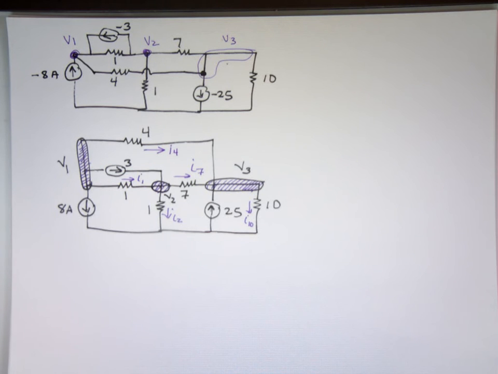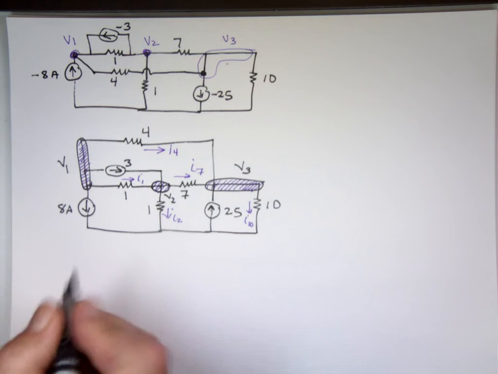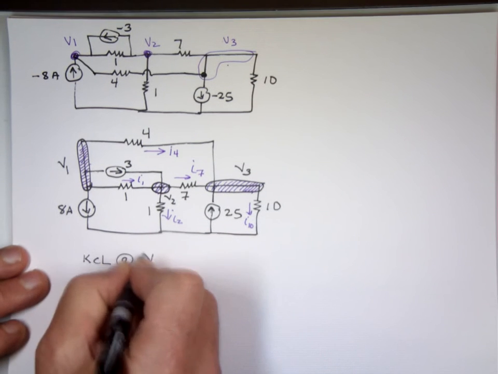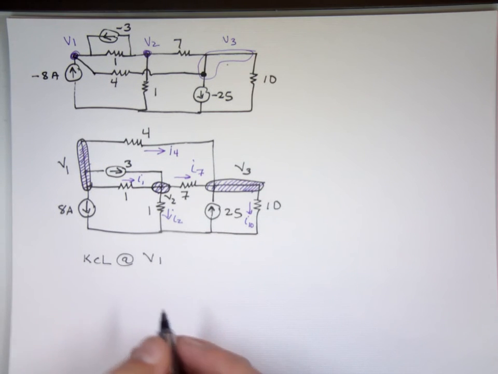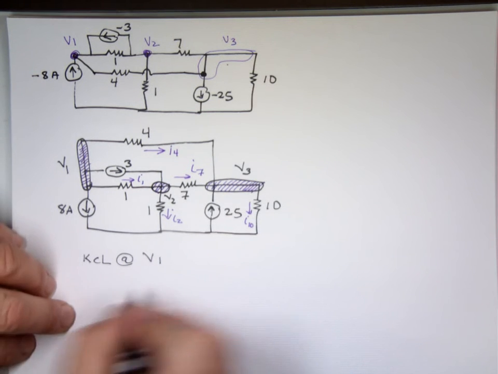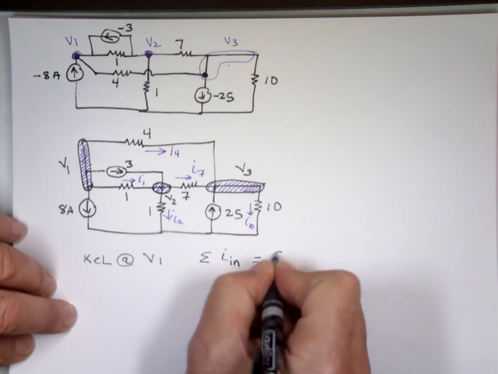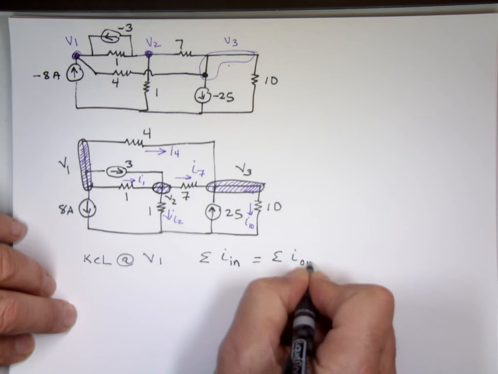So the first one, KCL at V1. Let's look at the current going into that node. What do you have going to that node? The way we drew the current, what's going to it? Absolutely nothing. Nothing going to that node.